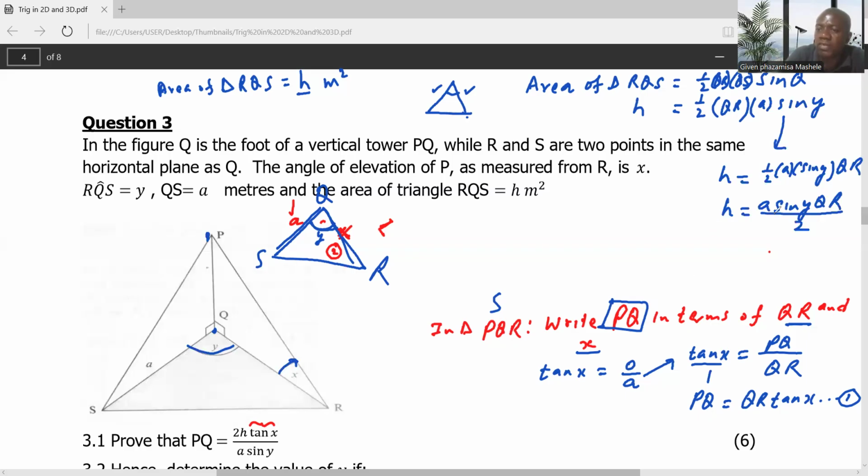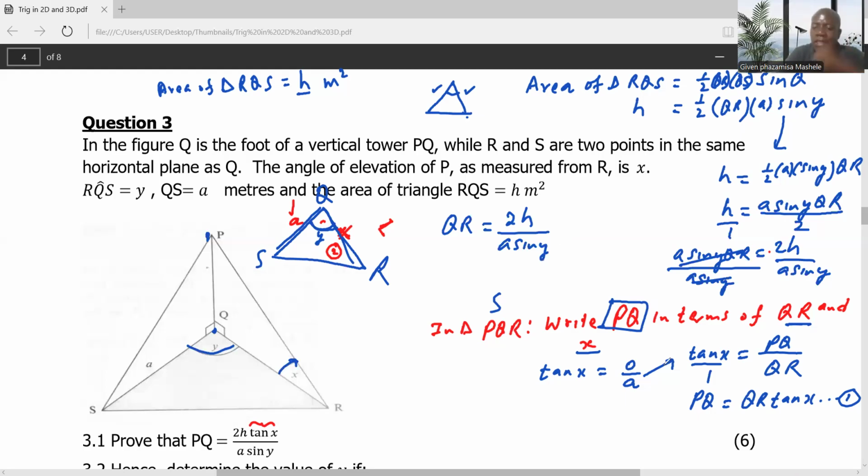So it's over 1. Let's cross multiply. So it will be A sine Y QR equals 2H. Let's divide both sides by A sine Y. A sine Y divided by A sine Y. So what I'm going to get here is QR. So QR is 2H over A sine Y.